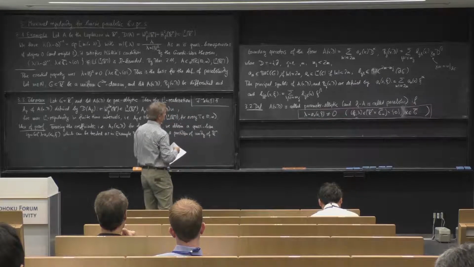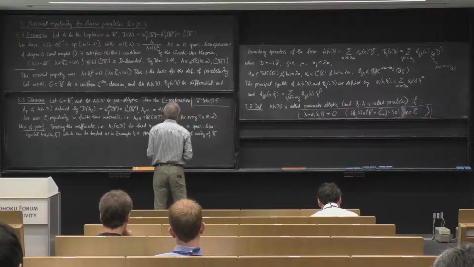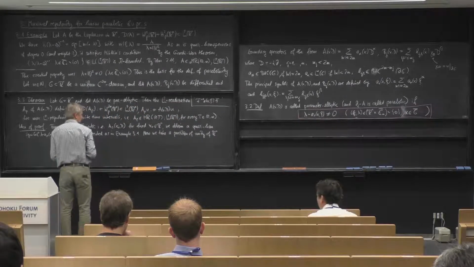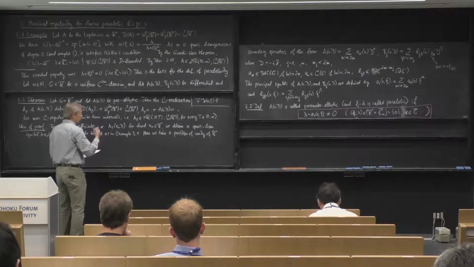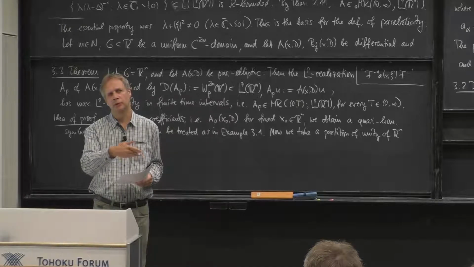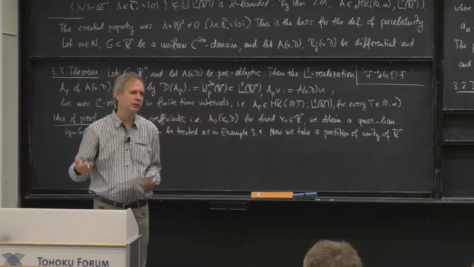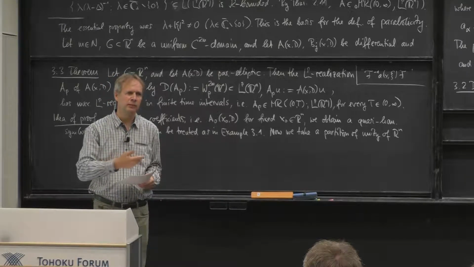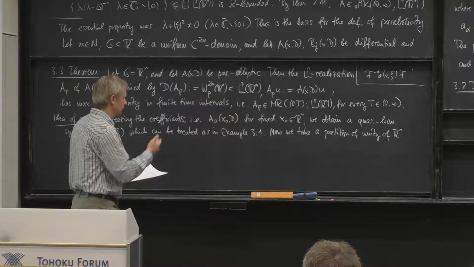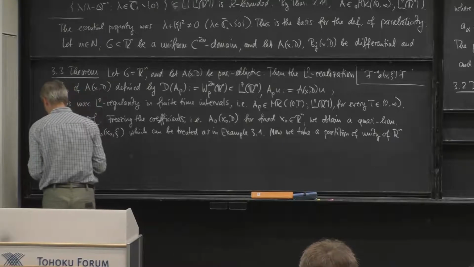This is exactly the point where I need this BUC condition. Now we locally solve it, and then we take the local resolvents, put them all together, and get an approximate resolvent. And then at the end, by some standard perturbation result, we get the real resolvent.